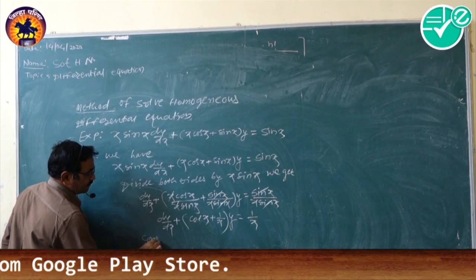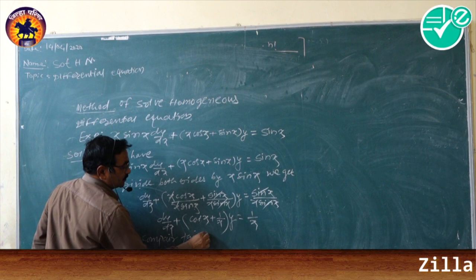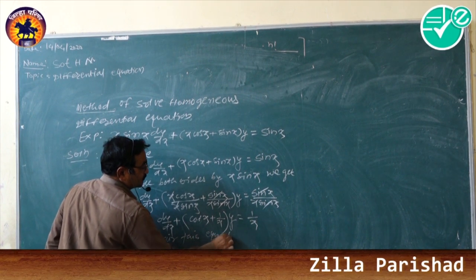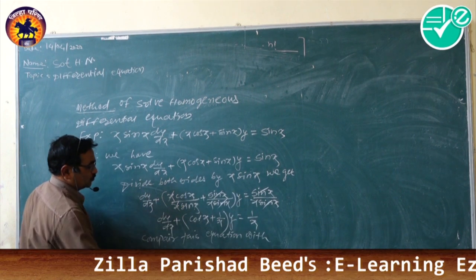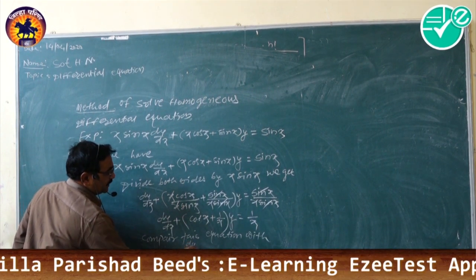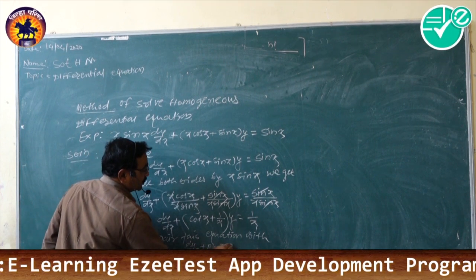Compare this equation with dy by dx plus py equal to q.